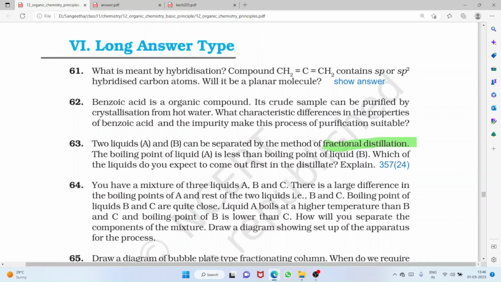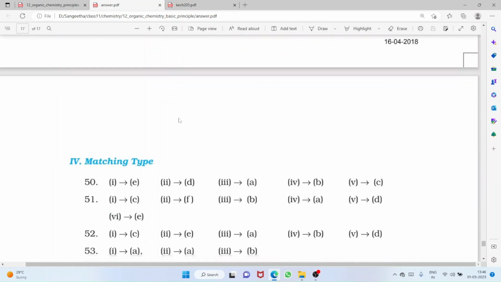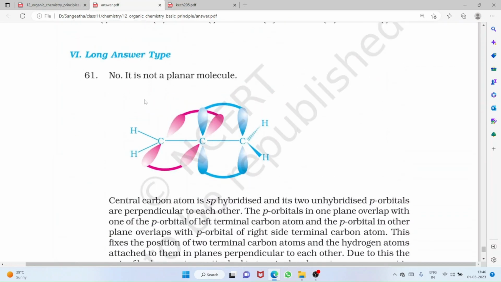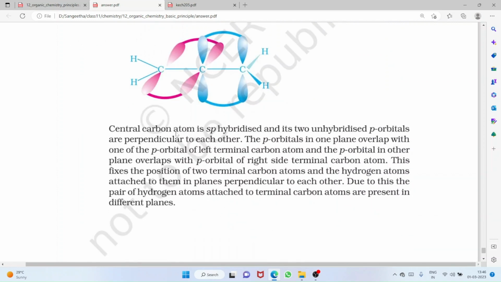What is meant by hybridization? Does this compound contain sp or sp3 carbons? Here this is the carbon: this one is sp hybridized, and the others are sp2. The central carbon atom is sp hybridized and its two unhybridized p orbitals are perpendicular to each other.